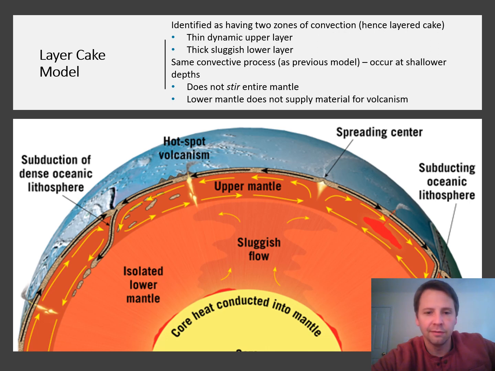And so we think of these upper mantle layers as being very dynamic because this is where everything is occurring. Meanwhile, the remainder of the mantle is very sluggish, not a whole lot happening, right? So the result of that is volcanism as a dynamic process. All the material is being supplied simply within the upper mantle and nothing from below.